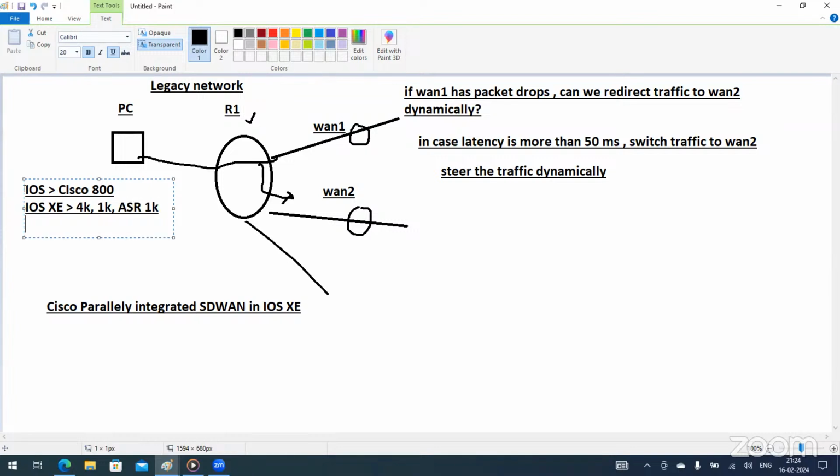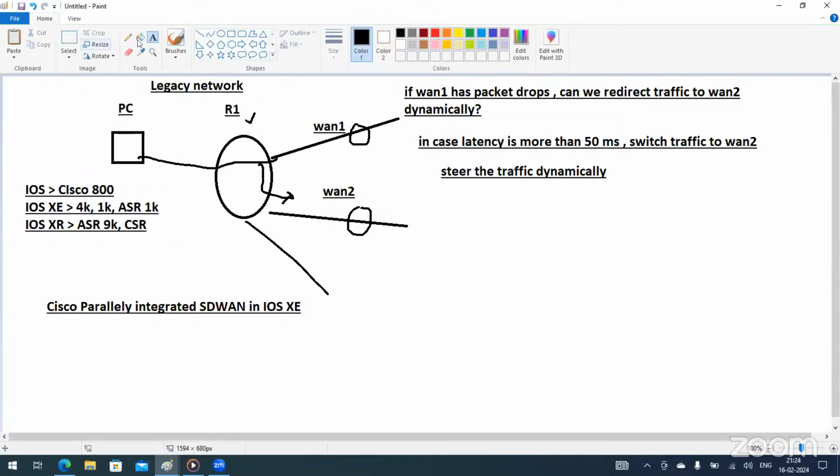Then iOS XR, like ASR 9000, CSR routers. So out of these 3 trains, only iOS XE based images on Cisco routers can support SD-WAN. Here SD-WAN is not supported. Here SD-WAN is not supported.